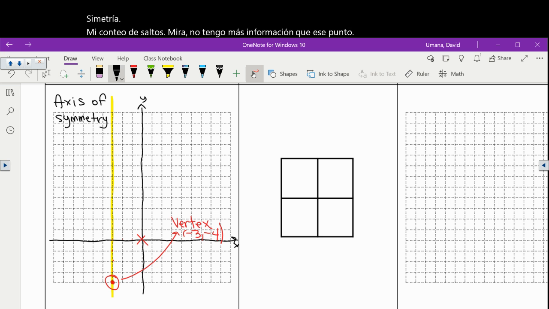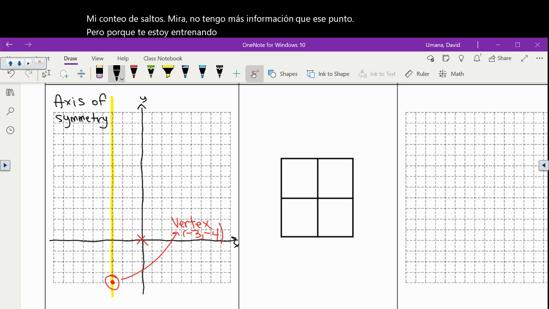I don't have any information other than that one point. But because I'm kind of training you in a certain way, I claim I can still draw the parabola, as long as I remember what comes next. How do I actually draw the curve here? I have no equation. I just know the vertex.